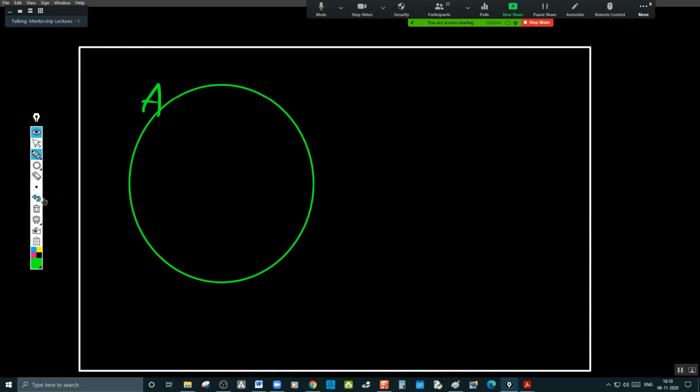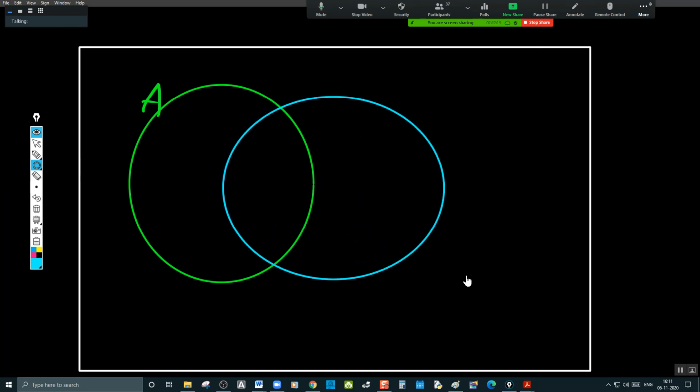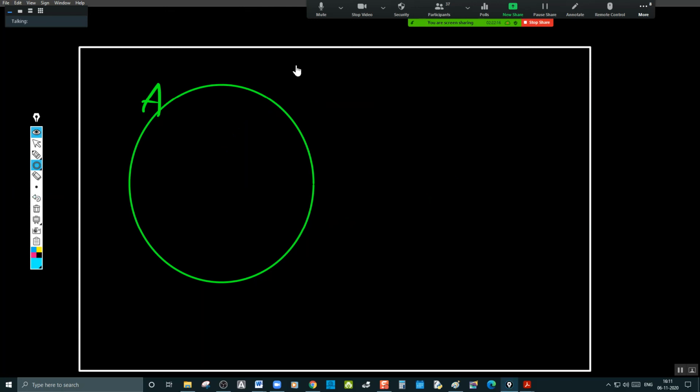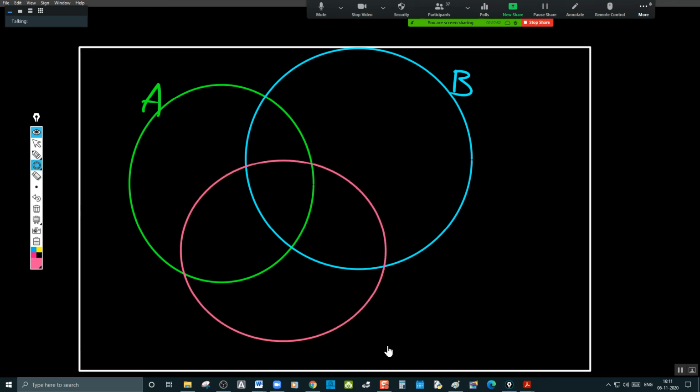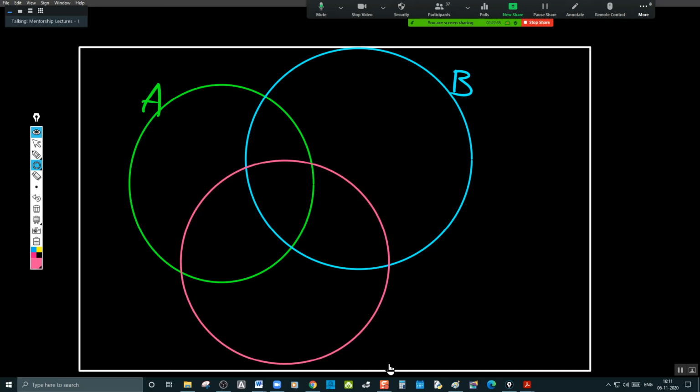One is, let me show in the green color, set A. I'm writing it as set A. Let me take the blue color as set B. And I'm taking up set C. These are the 3 sets I have taken. This is set C.